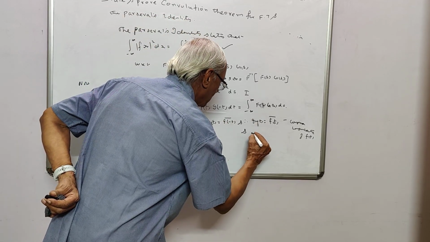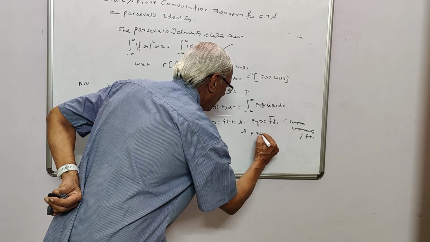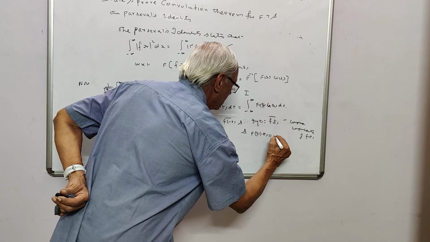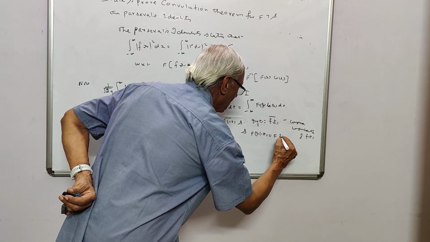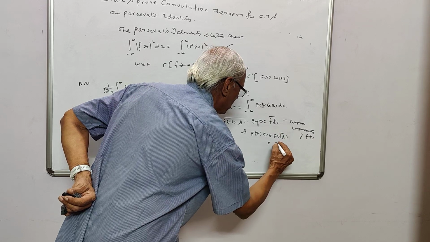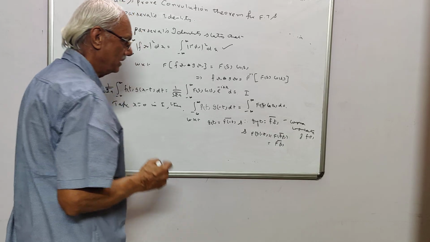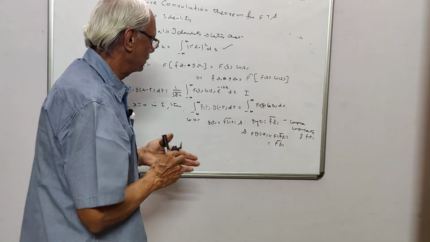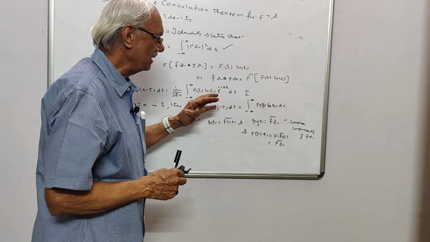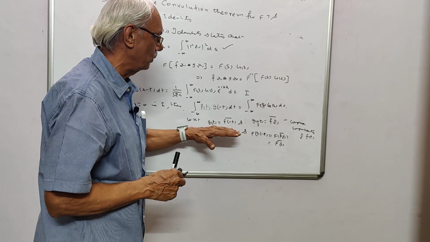Therefore g of minus t is equal to f of t conjugate. So this is equal to your f of s conjugate. I hope that you are able to understand. There is a proof for this, and when time comes, I will give you the proof of that also.